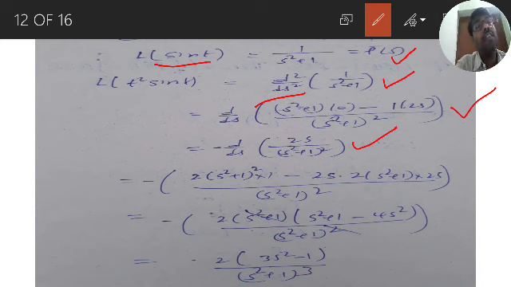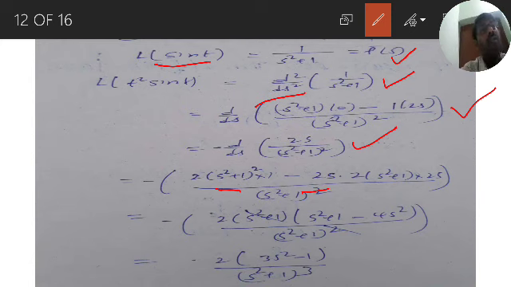Are you able to get it? Again, which formula? U by v: v into derivative of u minus u into derivative of v, by v square. V is s square plus 1 whole square into derivative of 2s, which is 2, so 2 into s square plus 1 whole square, minus u into derivative of v. What is u? 2s.